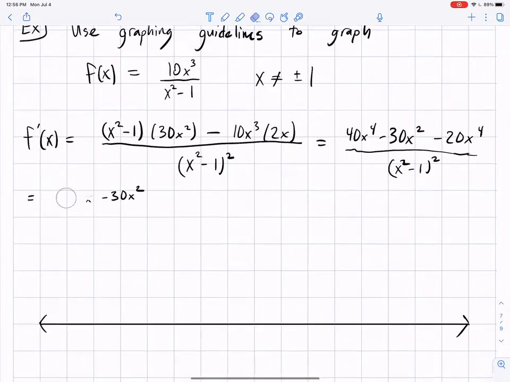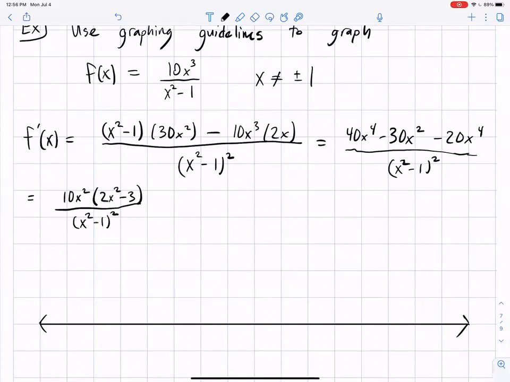So let me just pull out the 10x squared. So 10x squared, and then on top would be 2x squared minus 3. That's on top. And then on bottom will be x squared minus 1 squared.